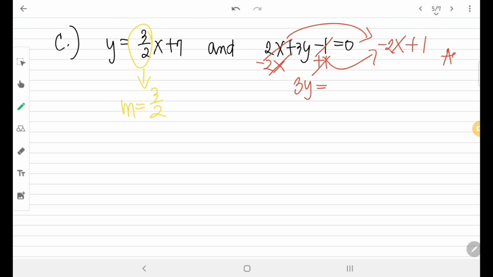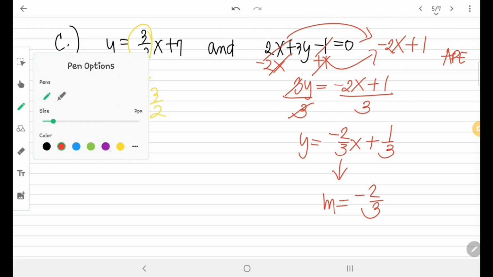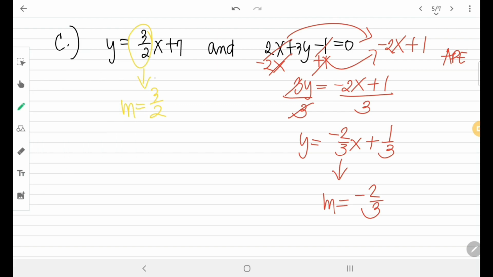So, that's for the APE, other than transposition. And then, let's divide both sides by 3, or kung MPE times 1/3. So, y equals negative 2/3 x plus 1/3. So, ang m ay negative 2/3. So, let's compare using purple na lang kasi nagamit ko yung yellow dito. So, 3/2 and negative 2/3. So, unlike sign sila.